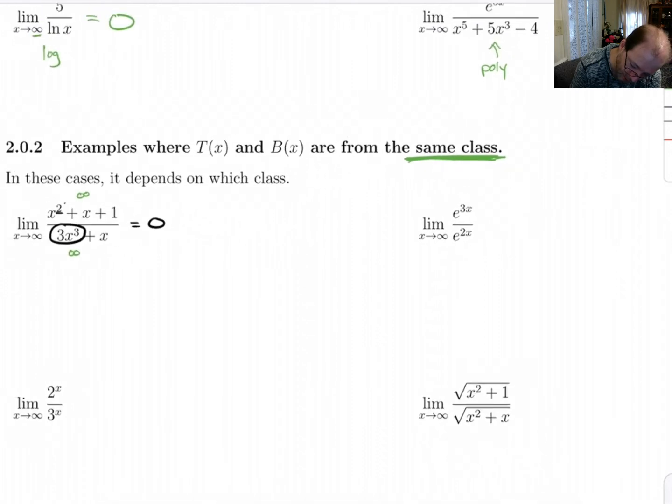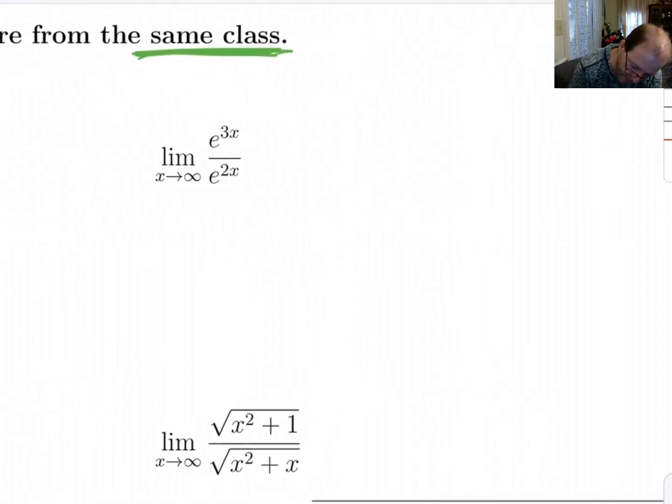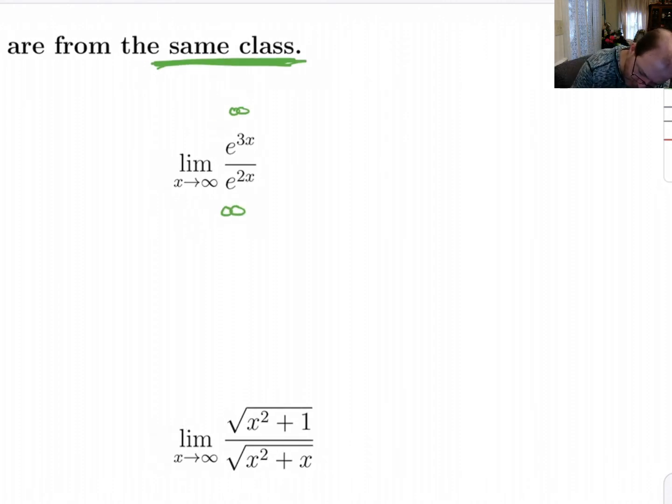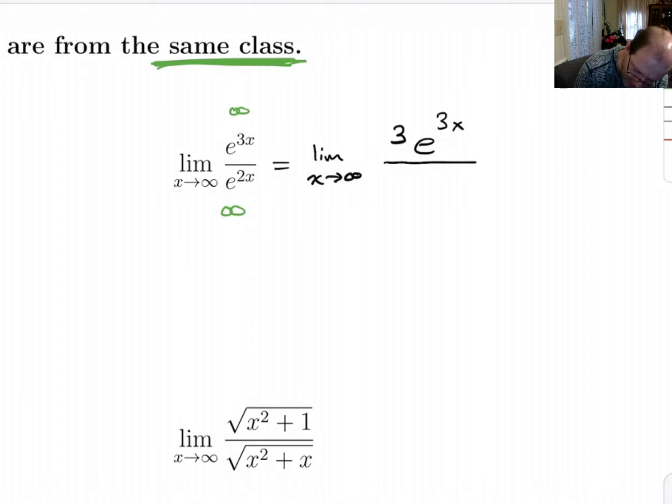Now, exponentials work a little differently. e to the 3x over e to the 2x. If you look at this, both of these go to infinity, and they're both exponential. So if you use L'Hopital's rule, the top becomes e to the 3x times 3, and the bottom becomes e to the 2x times 2.